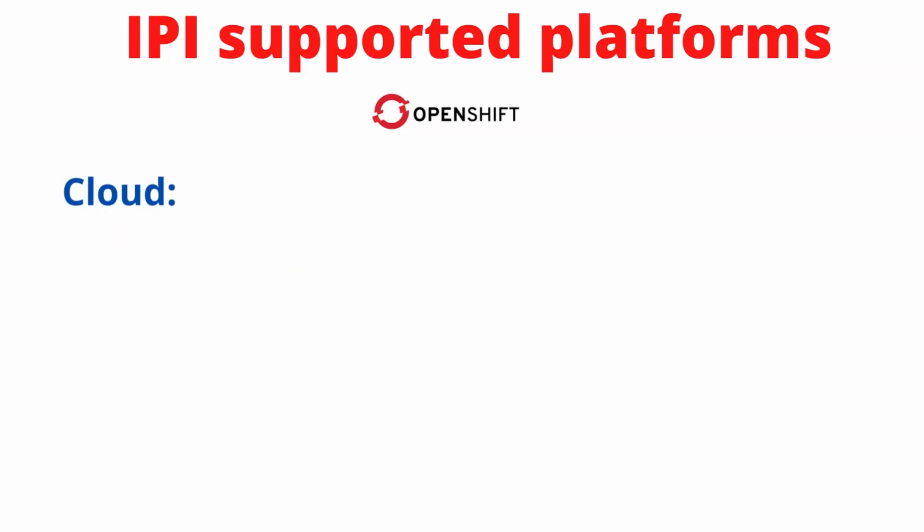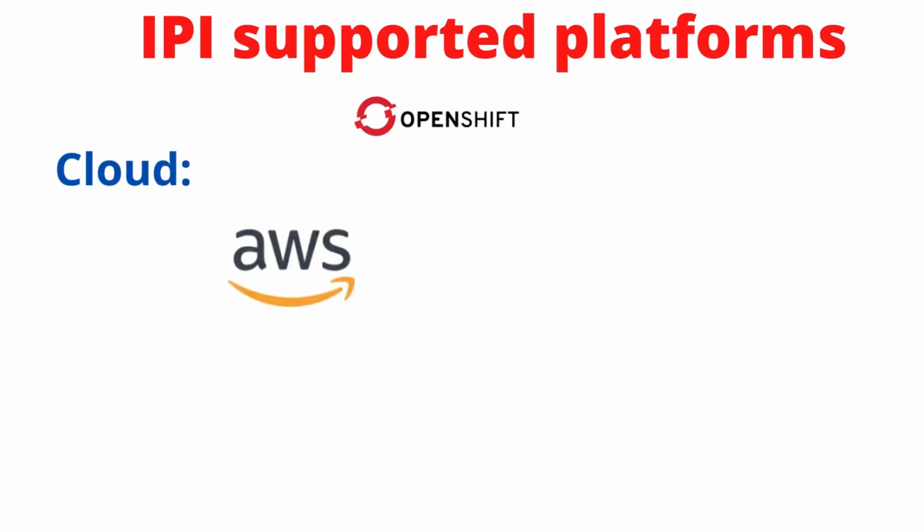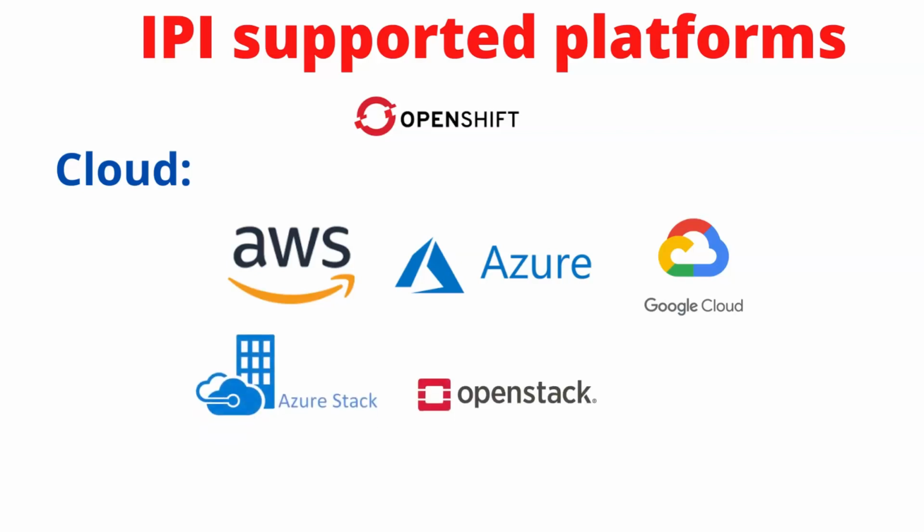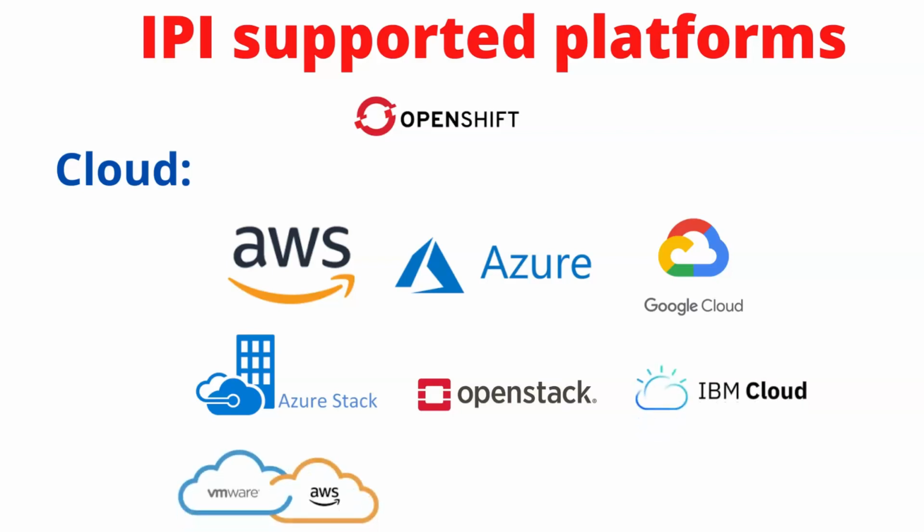So for cloud, the platforms that support the IPI method are AWS, Azure, GCP, which is the Google Cloud Platform, Azure Stack Hub, Red Hat OpenStack Platform, IBM Cloud, VMware Cloud, which is the VMC, and Alibaba Cloud.